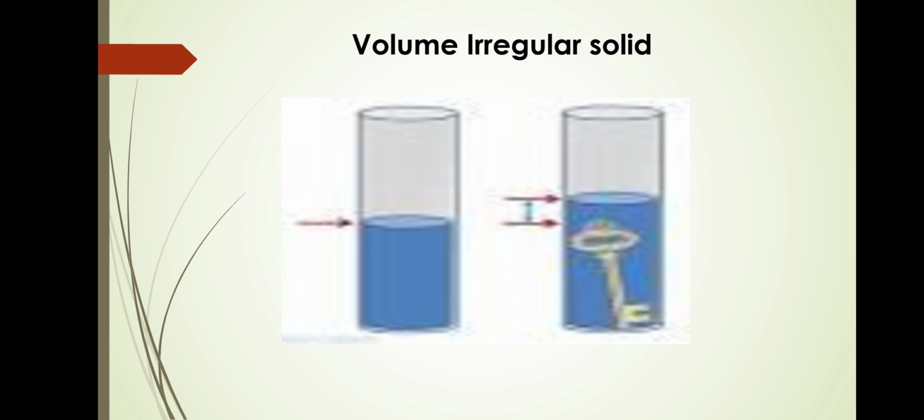Then we will add the key inside this water and take the other reading. Then we subtract: the bigger reading minus the smaller one. So what will be equal to the volume of the irregular solid?